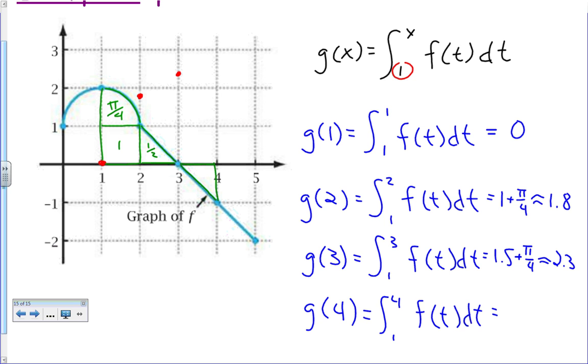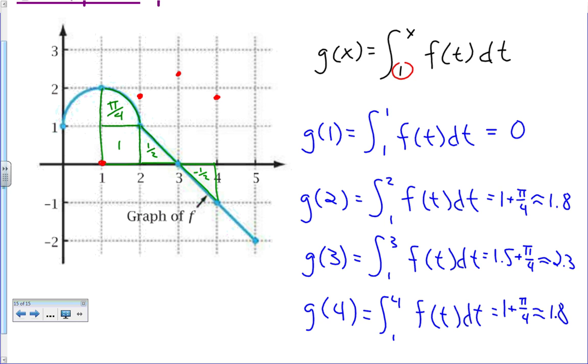Now, because this is below the x-axis, that means that's a negative 1/2. So now we have subtracted off that 1/2 we added on from 2 to 3. So it turns out this is 1 plus pi over 4 again, which is approximately 1.8.